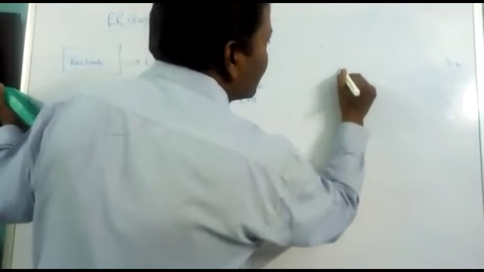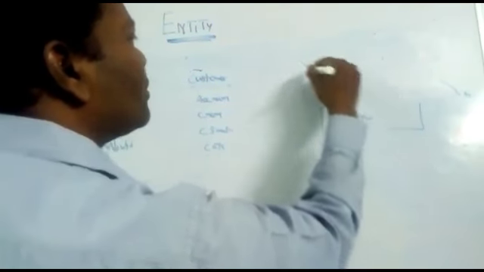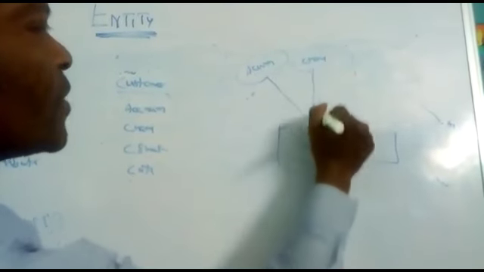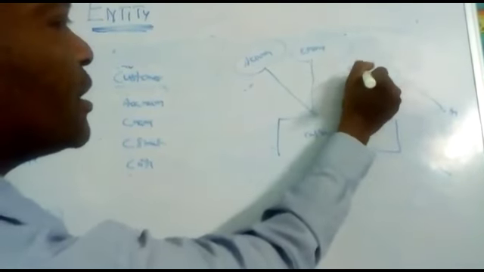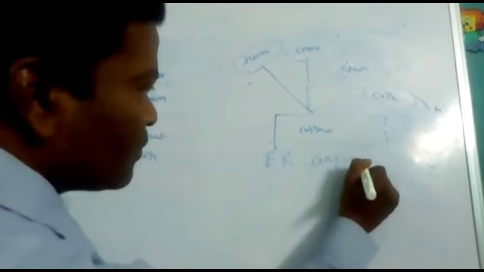Here I use the rectangle for customer because this is the entity. Then I have four components: account number, customer name, customer street, and customer city. So this is a simple ER diagram for the entity called customer.